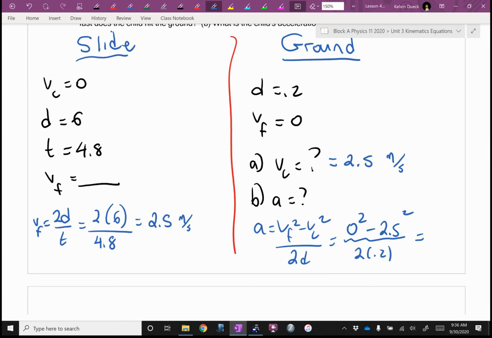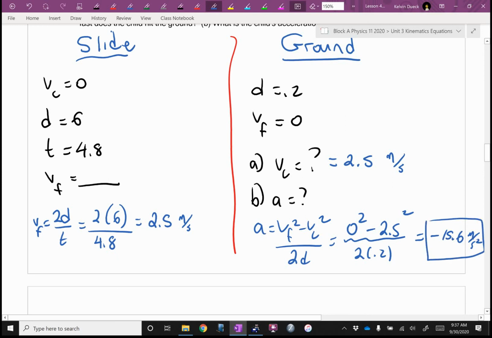Maybe 17 point something. Oh, but negative. Negative 15 point something? 625. Sorry? Negative 15.625. Negative 15.6? Yeah. Meters per second squared. Why negative?